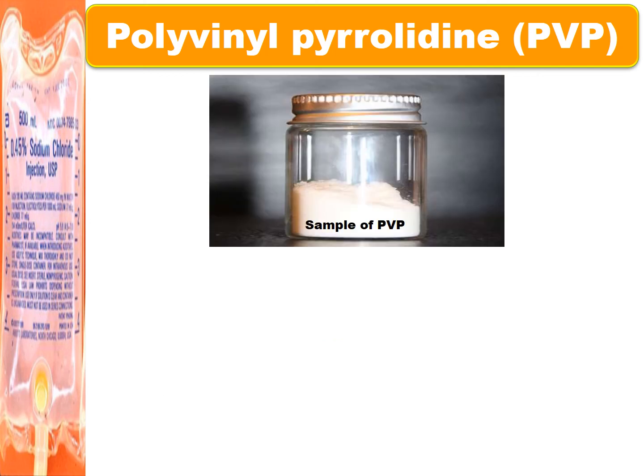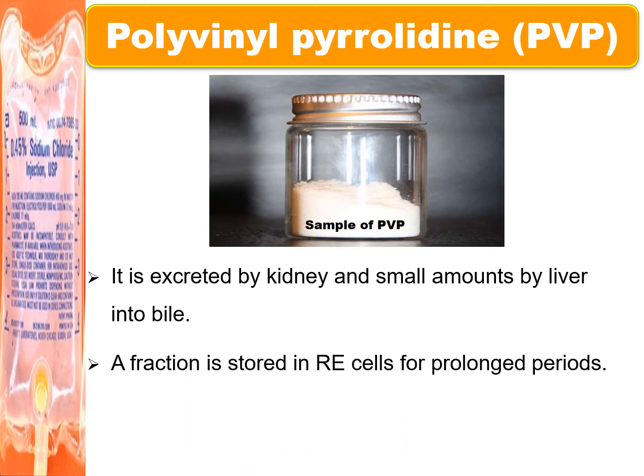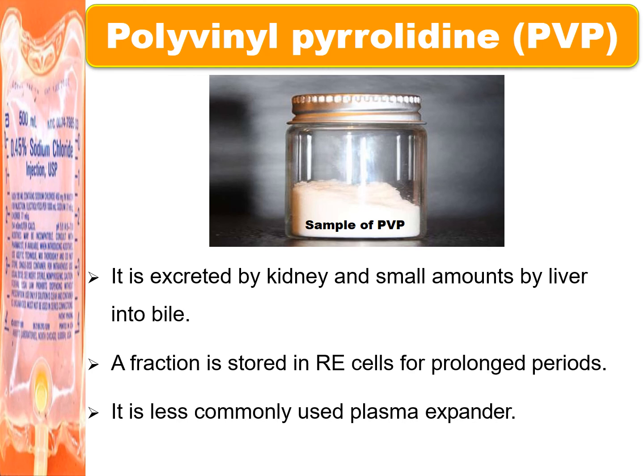In addition, polyvinyl pyrrolidone is excreted by the kidney and a small amount by the liver into the bile. A fraction of pyrrolidone is stored in reticuloendothelial cells for a prolonged period. It is a less commonly used plasma expander.